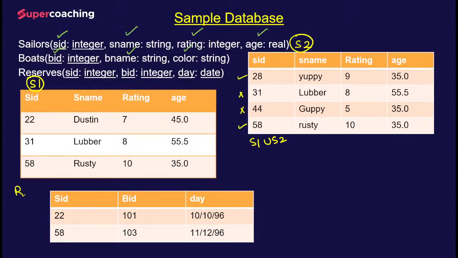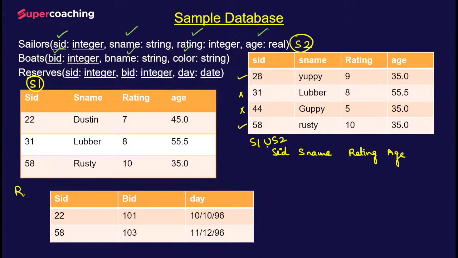Union हम apply कर सकते हैं. Number of attributes are the same. 4 attributes are present in S1, 4 attributes in S2. Domain is also the same. तो जो resultant table आएगा उसमें भी it will have the same structure: SID, SName, rating and age.